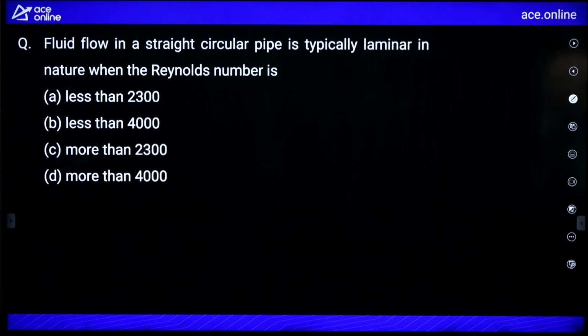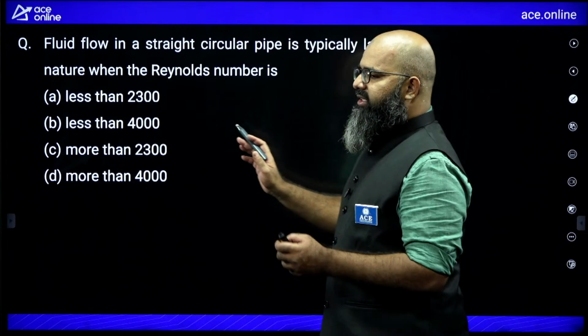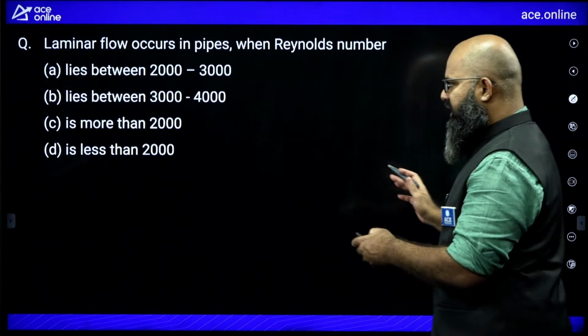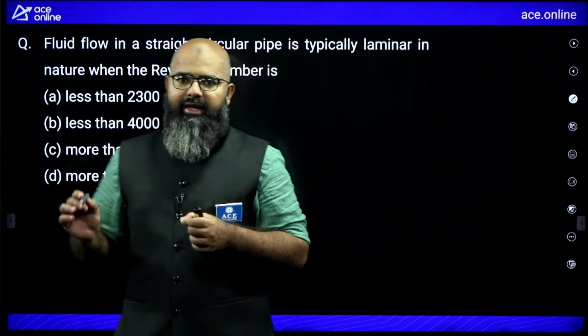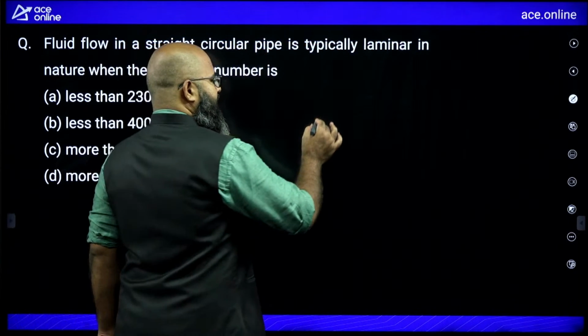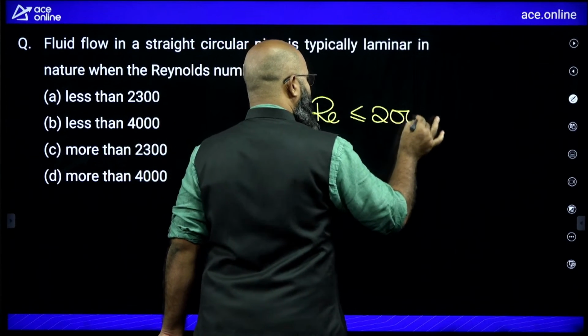Moving further. The question is saying fluid flow in a straight circular pipe is typically laminar in nature when the Reynolds number is. Now I have particularly taken this question and the next question for a reason. Let me mention this to you. Indian authors say the Reynolds number is less than or equal to 2000 for laminar.